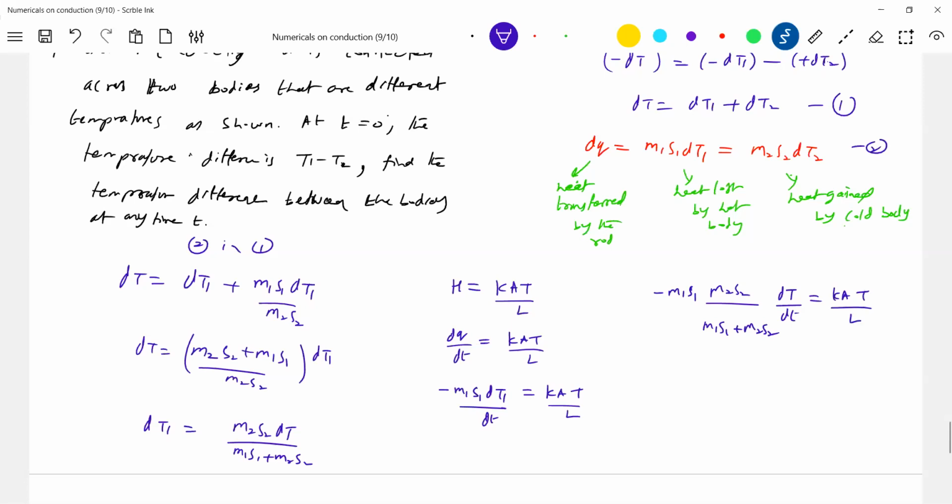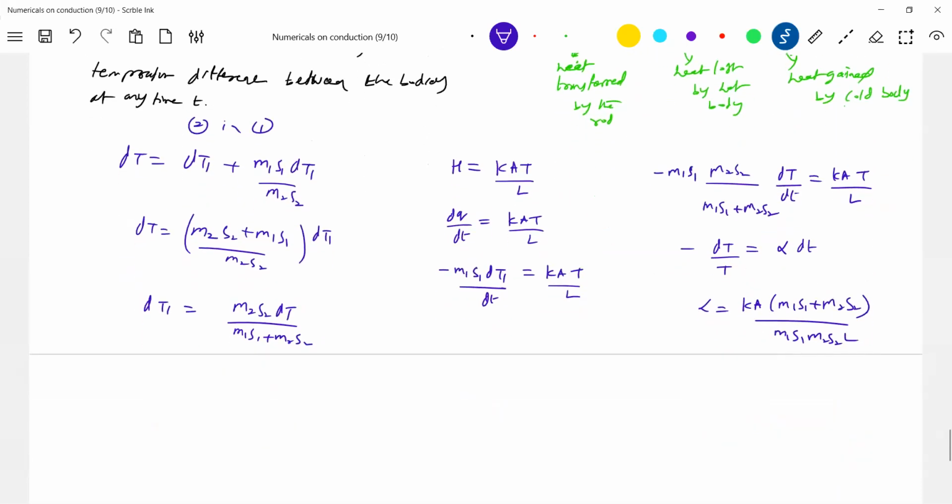Let me write all this as some alpha. dT by T equal to alpha dt. What is alpha? KA, then everything is alpha.